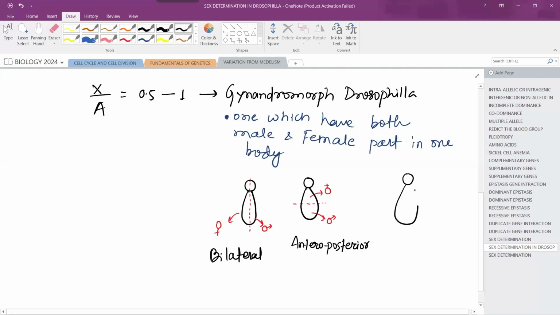But some Drosophila have patches. This patch is female, this patch is male, again this patch is male or female. There are patches of male and female parts. This is called sex piebalds.